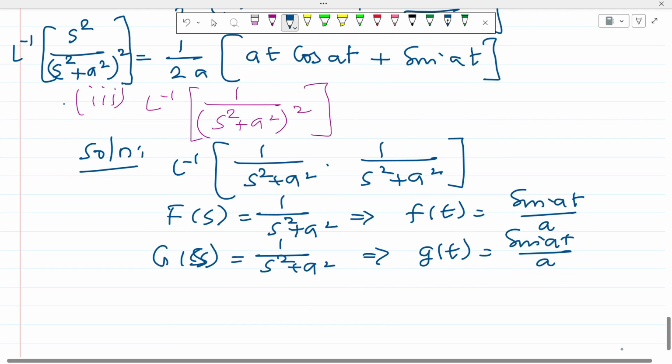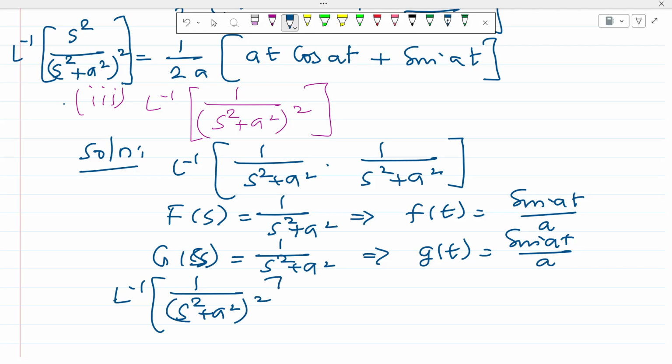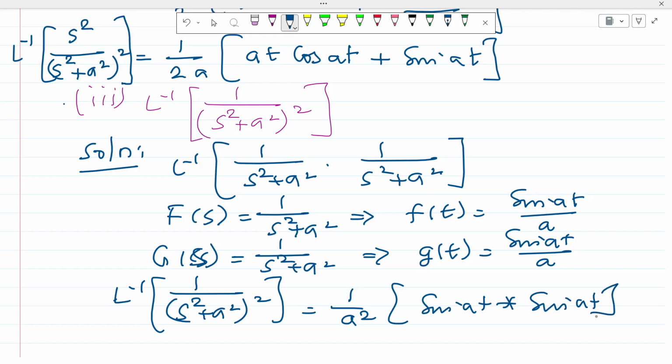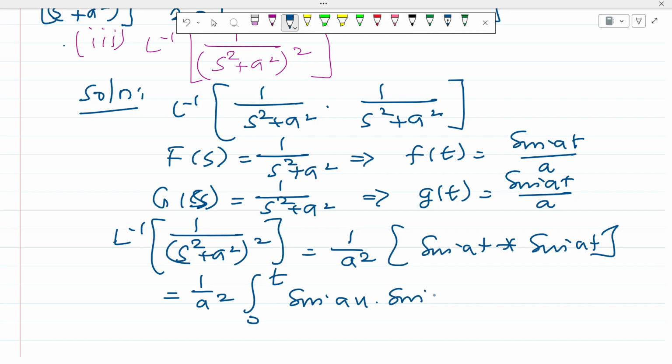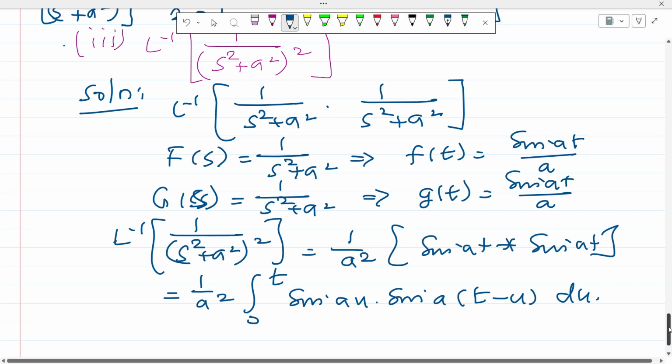So therefore L inverse of 1 by s square plus a square whole square is equal to 1 by a square sin at star sin at. Is it not? Convert to this integration: 1 by a square integral over 0 to t sin au into sin a into t minus u du.